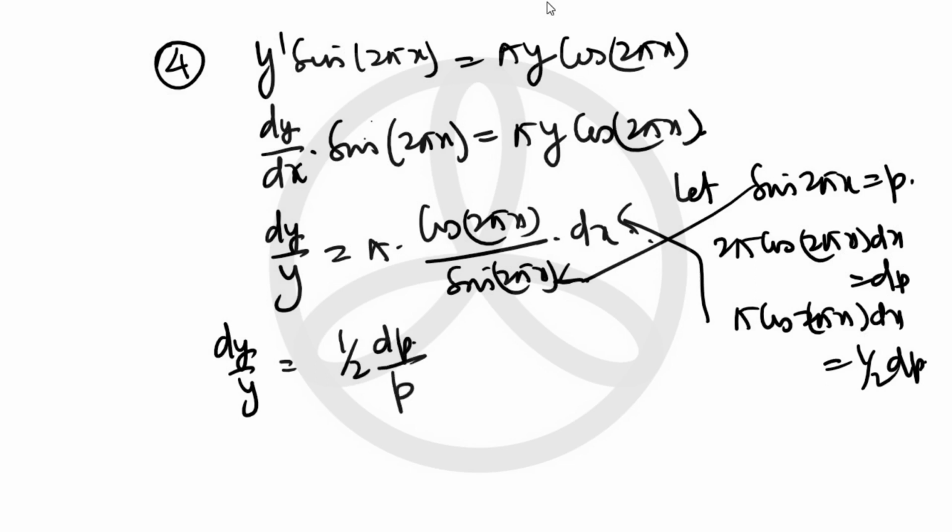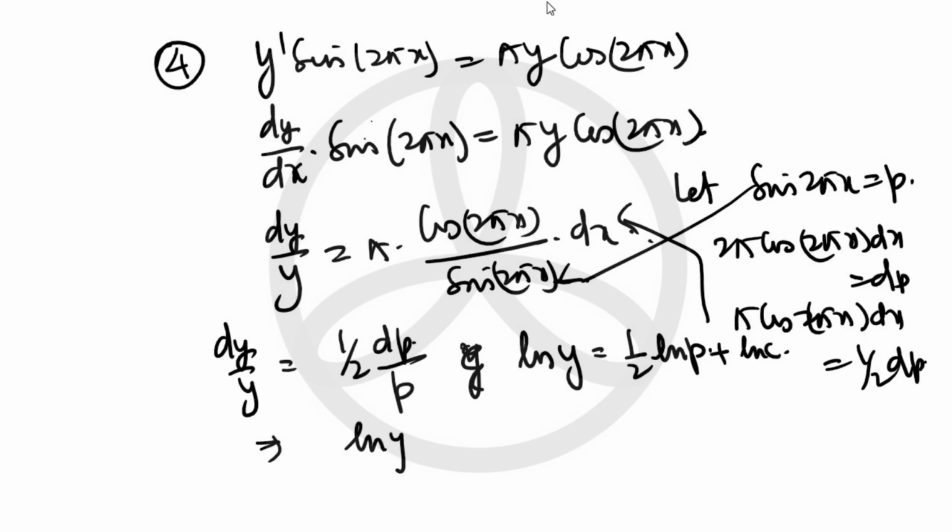Applying integration on both the sides we get ln y is equal to half of ln p. I will put a constant of integration ln c here, okay? And this ln y is equal to ln square root of p plus ln c will give us y is equal to c square root of p.